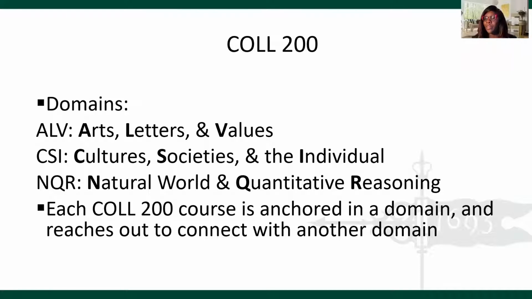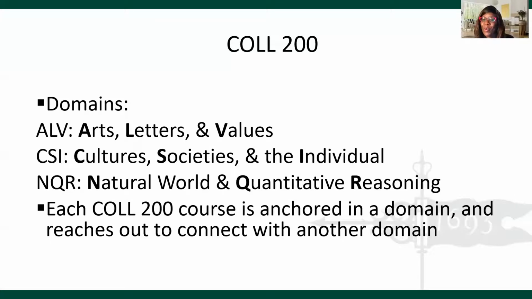Now, in some instances, you may be able to, if you're lucky, find a course that has an ALV attribute, which is the humanities type, and it may also have the attribute for the arts proficiency. In that case, you will be able to get 2 for 1.